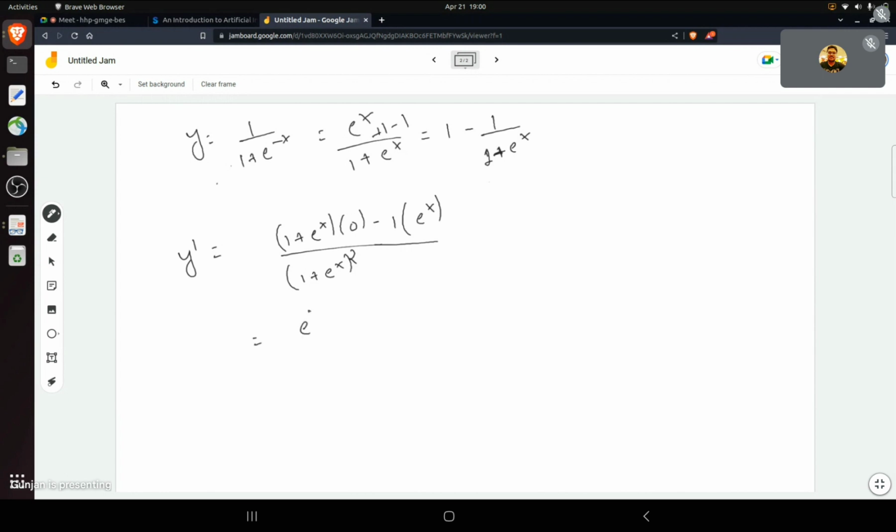So this is e to the power x over 1 plus e to the power x the whole square. Okay, so e to the power x plus 1 minus 1. So 1 over 1 plus e to the power x minus 1 over 1 plus e to the power x the whole square. Am I going anywhere with this?